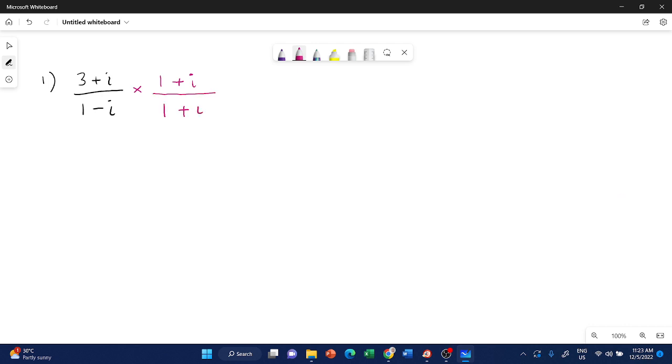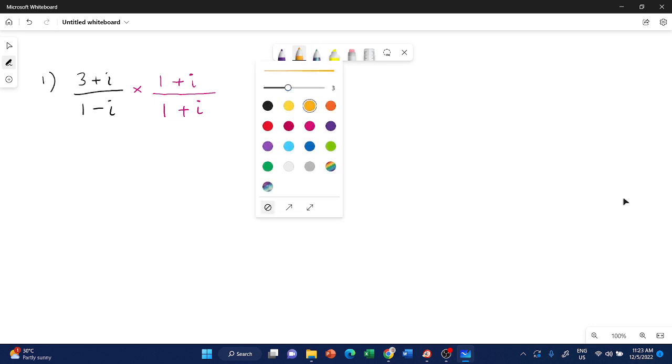So we write that something like this. As long as you find out what the denominator is, find the conjugate. Do you have questions before we proceed? No, madam.